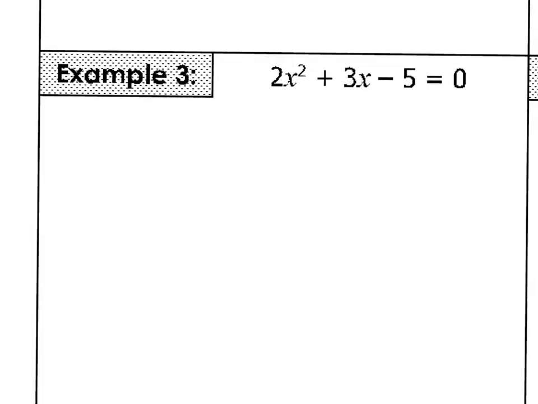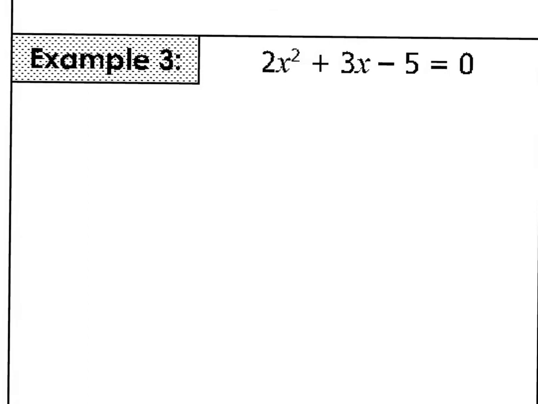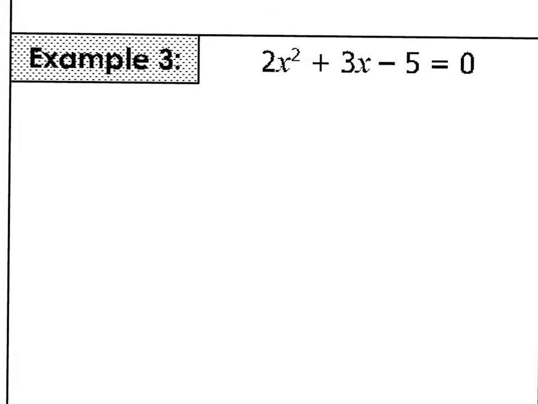Let's kind of go into what I was talking about earlier. First, I'll look to see if there's a GCF. Well, 2 won't go into 5, so we're not going to have a GCF. So we're going to have to factor using a is 2, b is 3, and c is negative 5. So on my x, 2 times negative 5 is negative 10. b is 3.